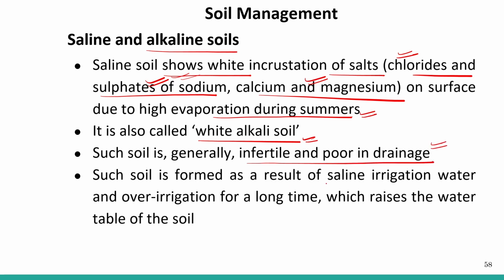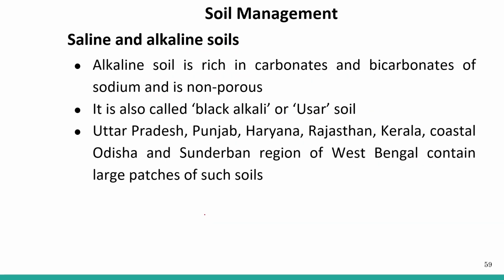Such soil is formed as a result of saline irrigation water and over-irrigation for a long time, which raises the water table of the soil. Alkaline soil is rich in carbonates and bicarbonates of sodium and is non-porous.